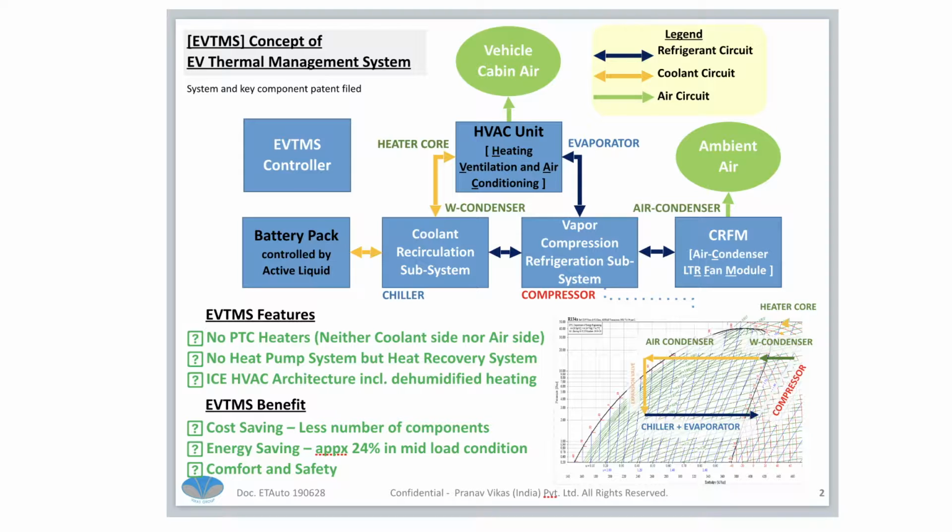There was an electric pump example in the previous presentation. This system, using an electric compressor, consumes more than 100 times that power. Finally, this system emits heat to the ambient air, on the right side you can see, through the CRFM system using a condenser.